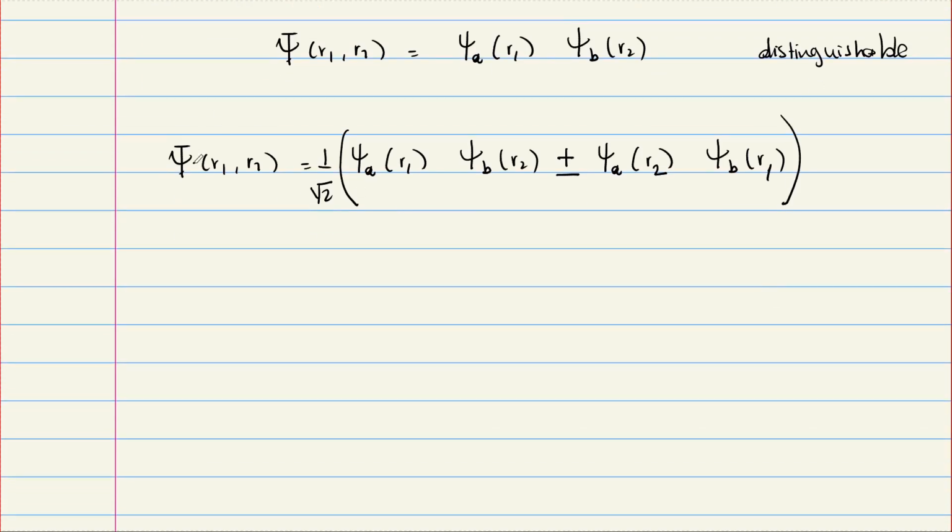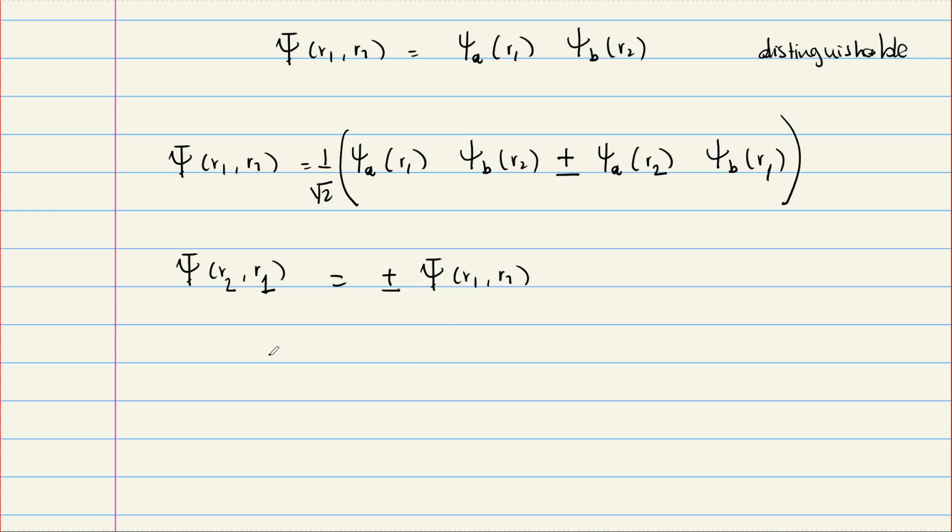And the thing about this wave function is that, in a one line calculation, I can exchange R1 and R2. If I exchange R1 and R2, the second term is going to be the first term, and the first term is going to be the second term. At the end, I'm going to pick up a plus or minus of this thing. So I can have either a symmetric wave function or an anti-symmetric wave function.